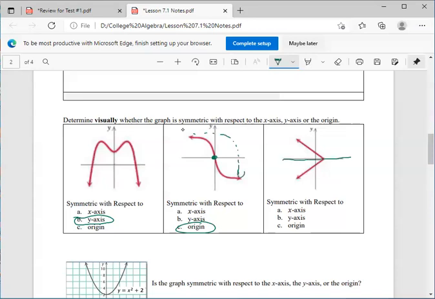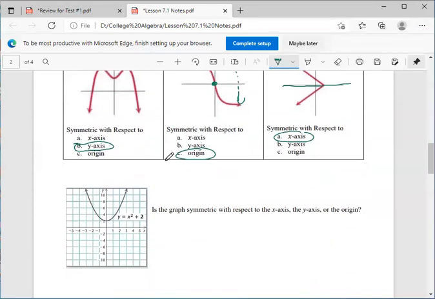Symmetric about the x-axis, because if you fold it on the x-axis, it's going to be on top of itself. Y'all okay with that? What about this one? It's symmetric about the y-axis. You're absolutely right, because if we fold it on this y-axis, this point is equal distance from this point. So y-axis.